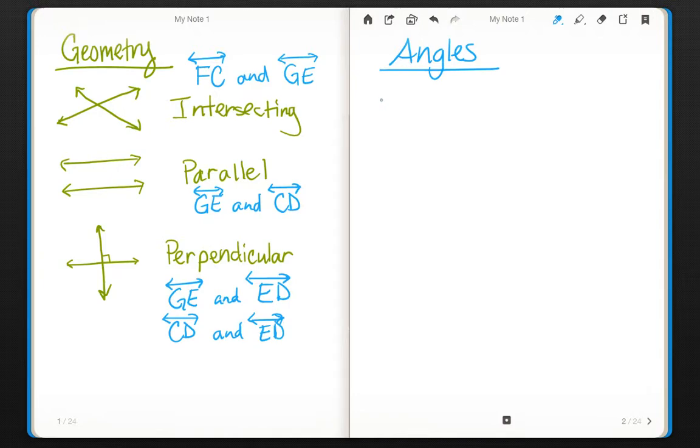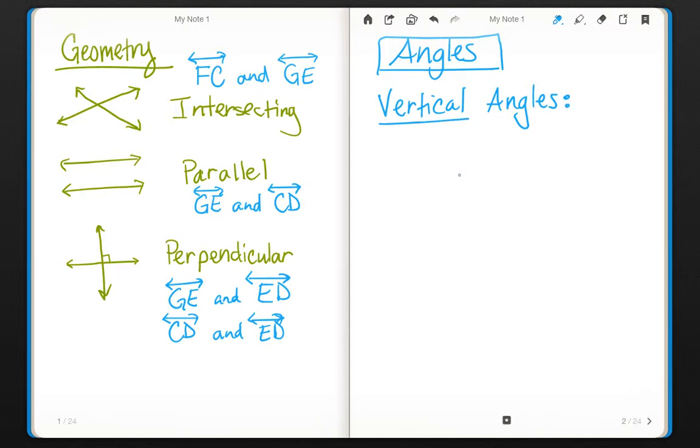The first one is angles that are vertical. Vertical angles. I spelled that wrong. There we go. Vertical angles.